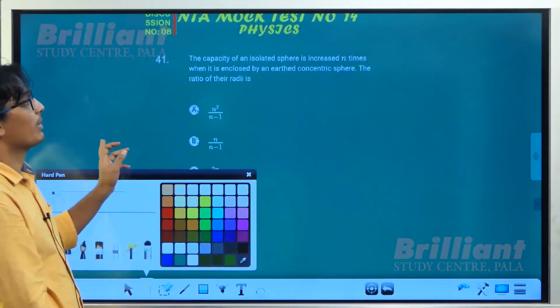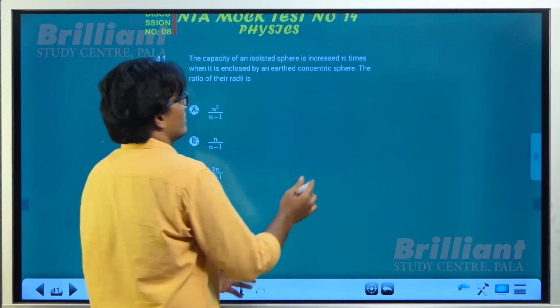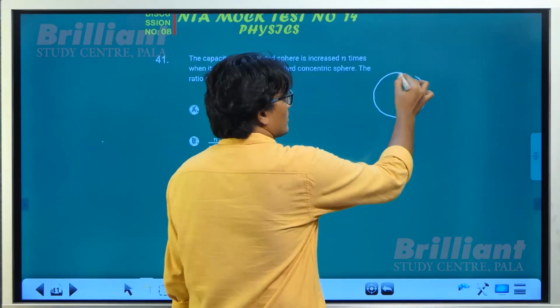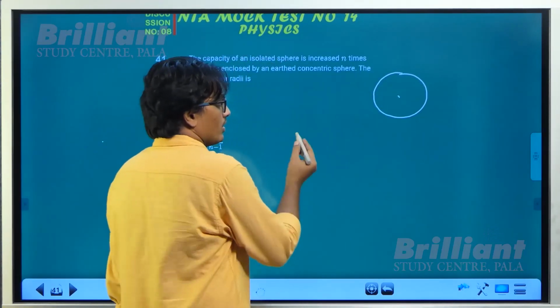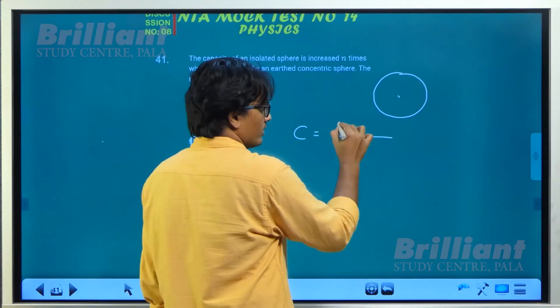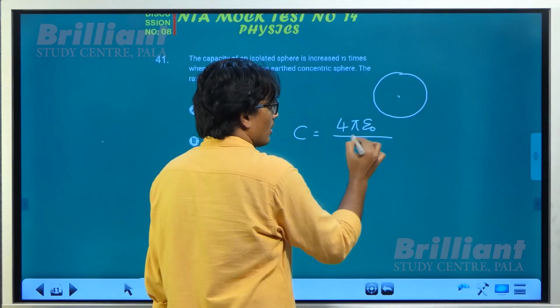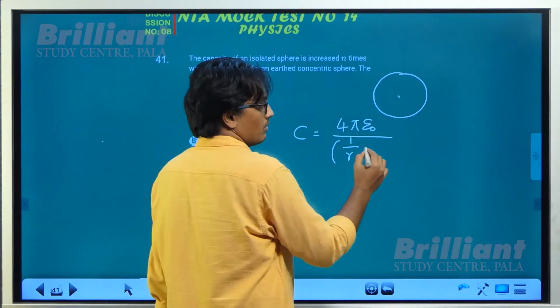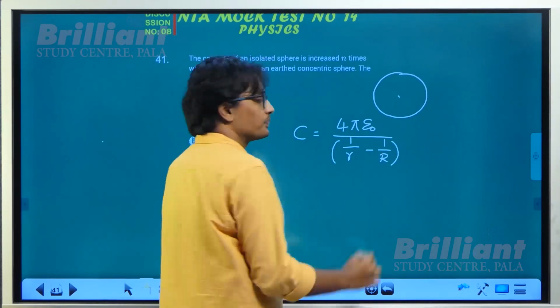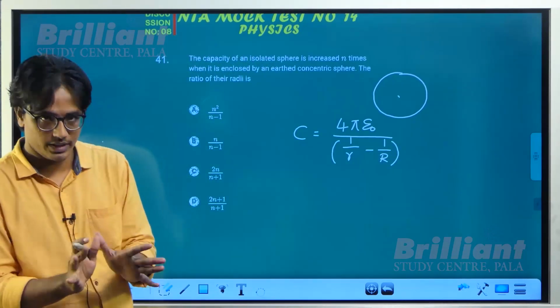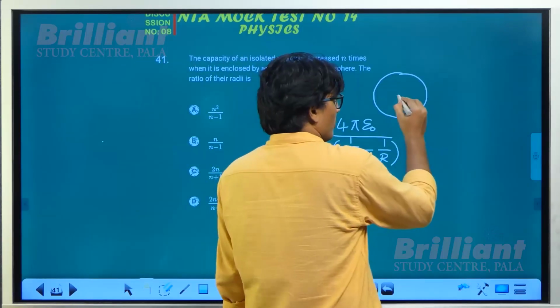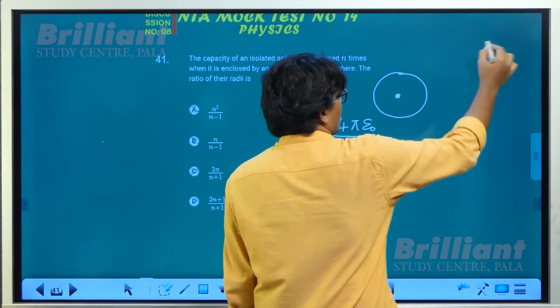Okay. The capacity of an isolated capacitor is increased, and so you have an isolated capacitor. The capacitance of a sphere formula is 4 pi epsilon naught into 1 by r minus 1 by capital R. Now they have said isolated capacitor. Isolated capacitor means one sphere is here and the other sphere is at infinity.